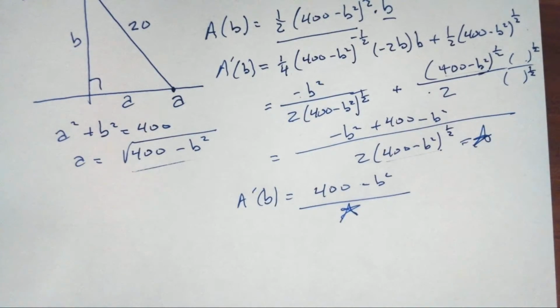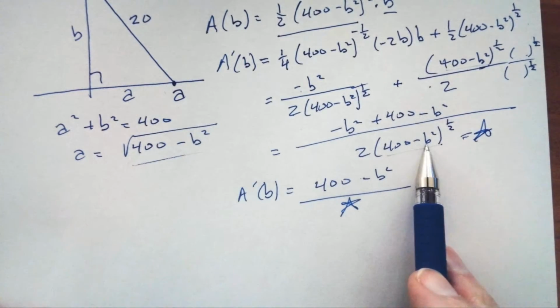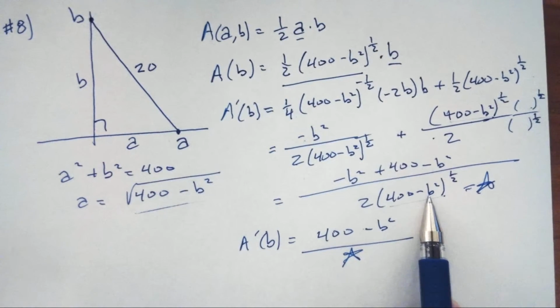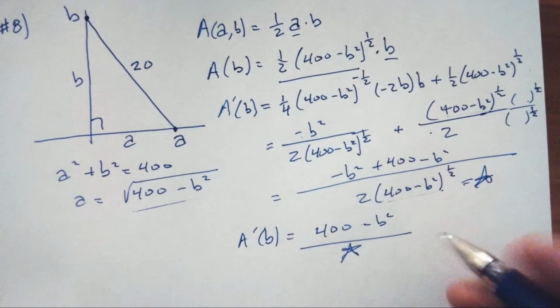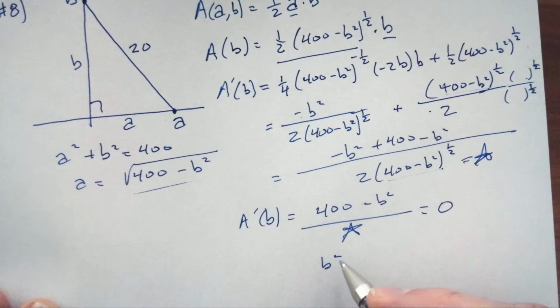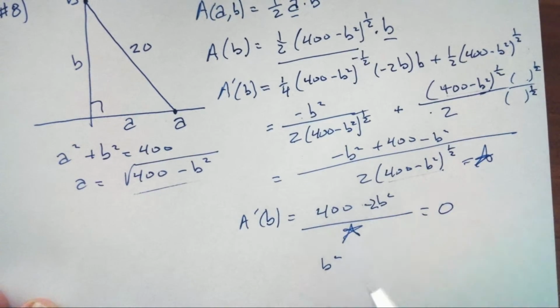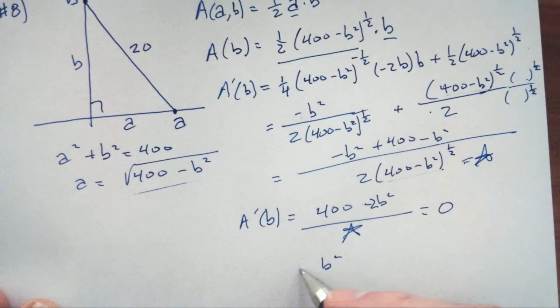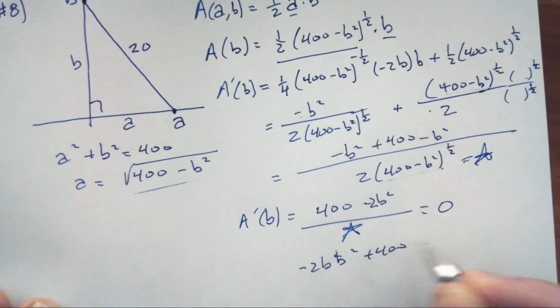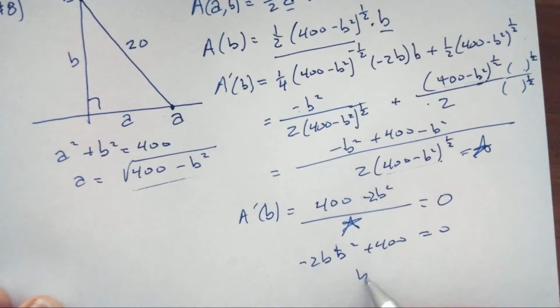Because a has to be less than 20, we don't have to worry about non-differentiables. A can't be 20 and still create a triangle. Therefore, we're just interested in when our first derivative is equal to 0. That's when minus 2b squared plus 400 equals 0.